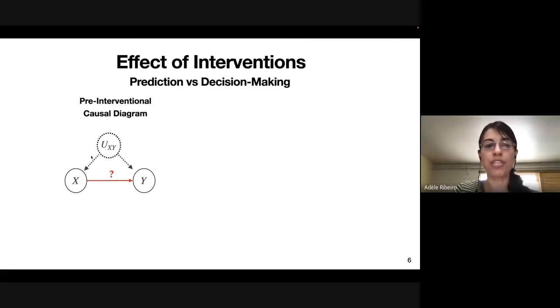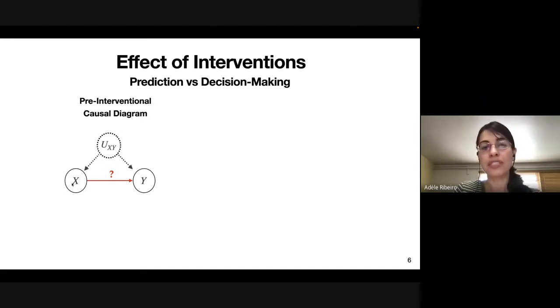We know, for example, that x is a function of the variable U_xy. I'm just putting this as a dashed variable because it's hidden, so we don't observe this variable, but we know that this variable exists, and this variable is a cause of y. The same thing, the variable U_xy is a cause of y.